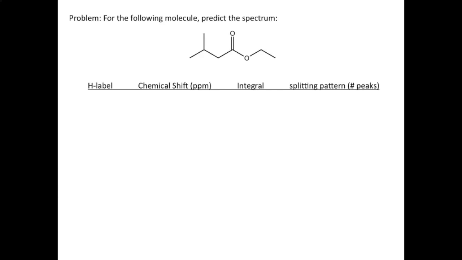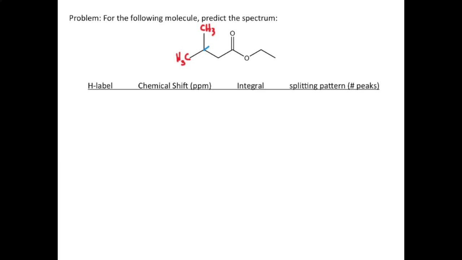First, let's figure out how many signals we're going to have. So what I see is we have 2 methyl groups attached to the same carbon. We know due to symmetry that these methyl groups are going to be equivalent, so that'll be our first signal. We'll put that in red. Next, a lot of students forget that there's a carbon that's sp3 hybridized.